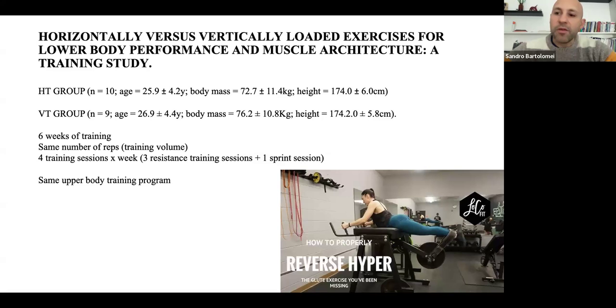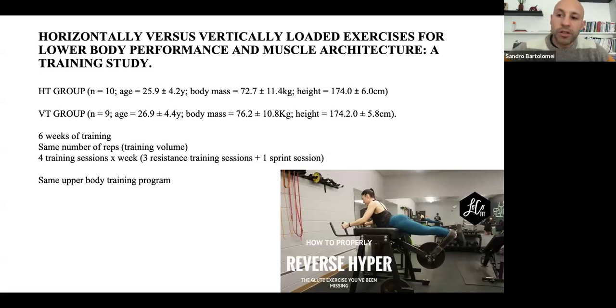The training for the upper body was the same for both groups and was equated. So both groups performed the same total number of repetitions. Of course, different exercises involve different loads.